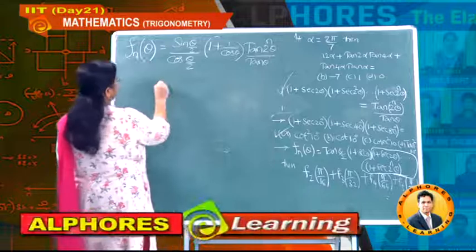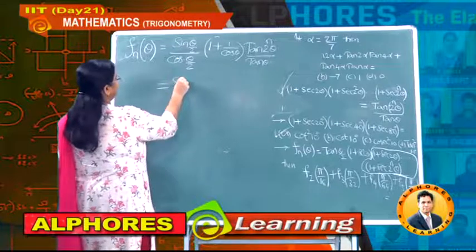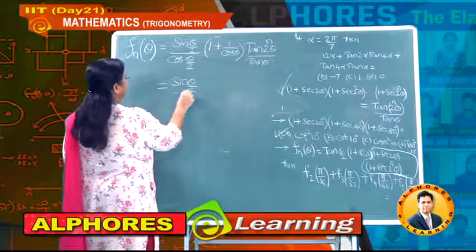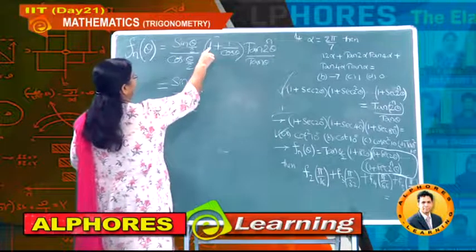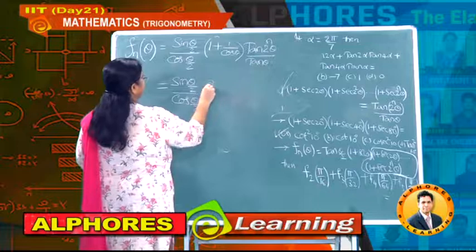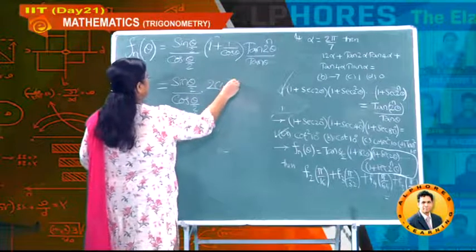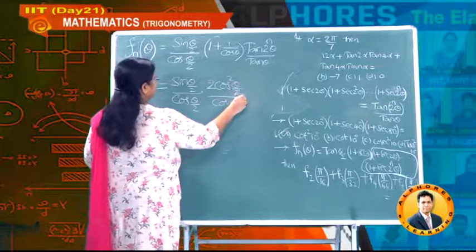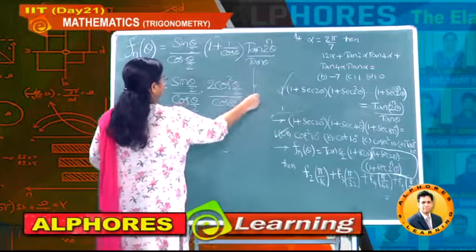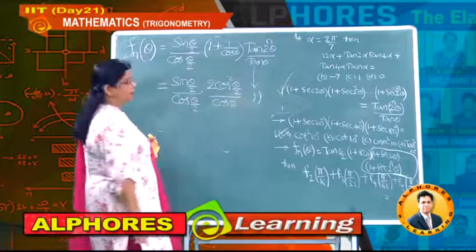Now let us concentrate on these two terms: sin theta by 2 divided by cos theta by 2, and again 1 plus cos theta, which is 2 cos square theta by 2, divided by cos theta. And this term as it is we are writing here.